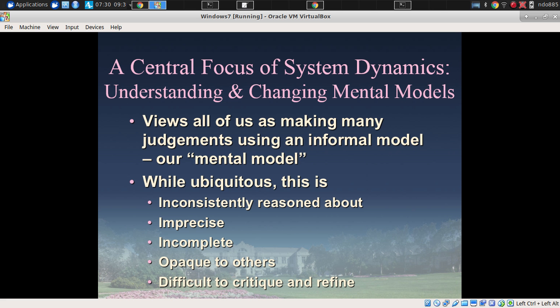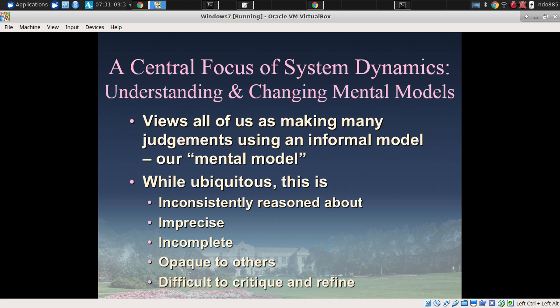and the thought here, and this goes back decades, Josh Epstein, I think, picked up on it, is this terminology that has been used for decades in system dynamics about mental models. This idea that, look, we're making decisions based on something, and often it's inchoate, imprecise, incompletely reasoned about, it's opaque to others because it's in our head, our understanding about a situation. And sometimes we have cognitive dissonance, and sometimes we think one thing, and sometimes we think another.